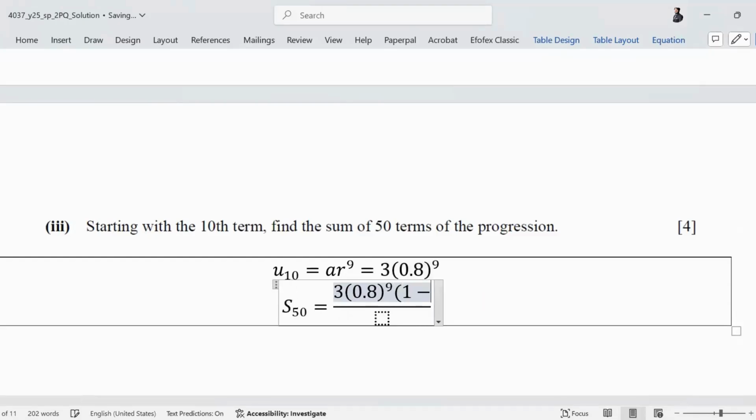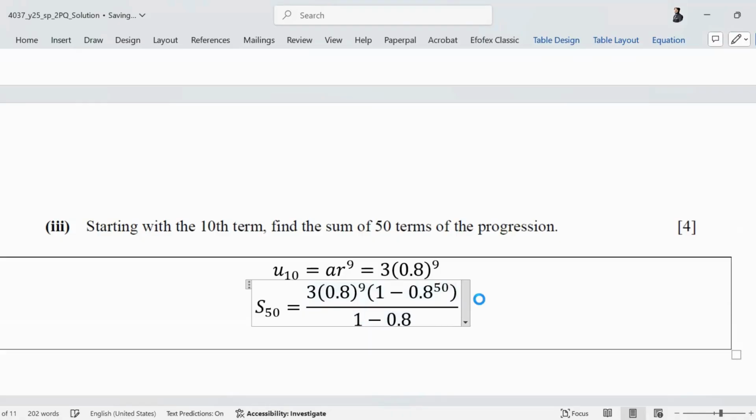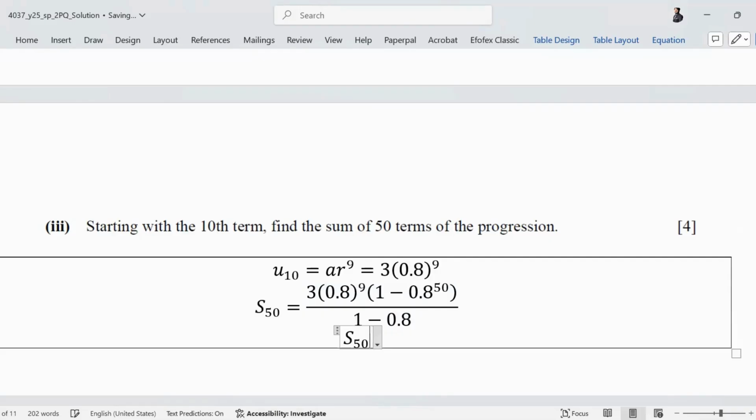1 minus R will remain as it is to the power 50 upon 1 minus 0.8. So S50, what have I done?